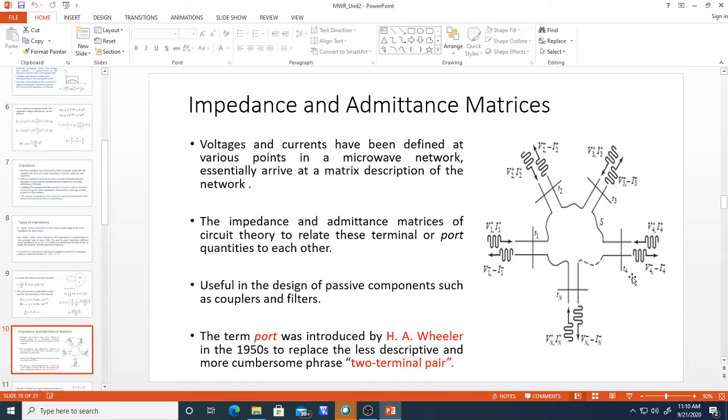If I take only one port, you will get only one voltage and current value at that particular port, or reference plane, terminal plane. If I take two or more ports in the same network, then it will become a multiple port network, and we can define the port network parameters in terms of matrices. That may be impedance matrices, or it may be admittance matrices.